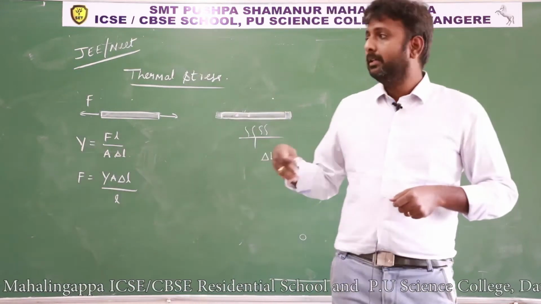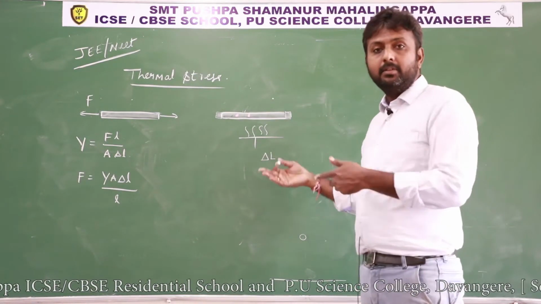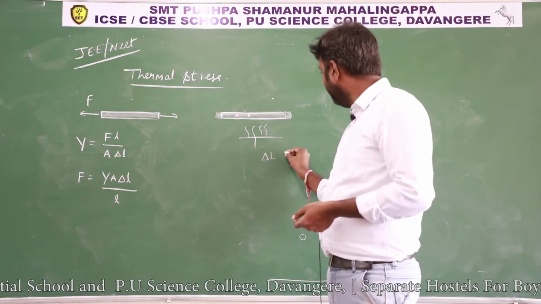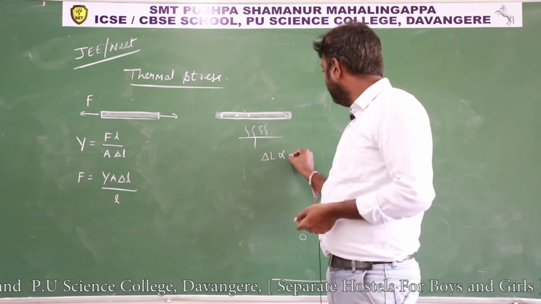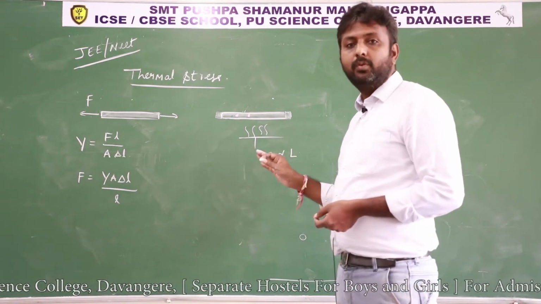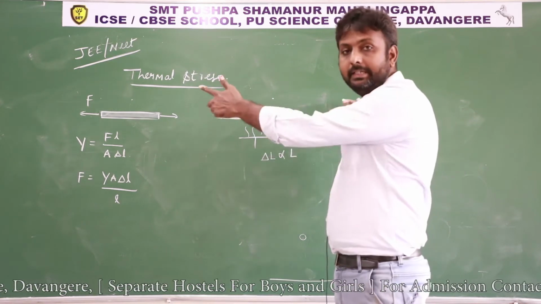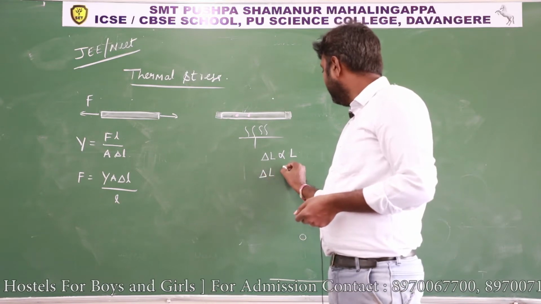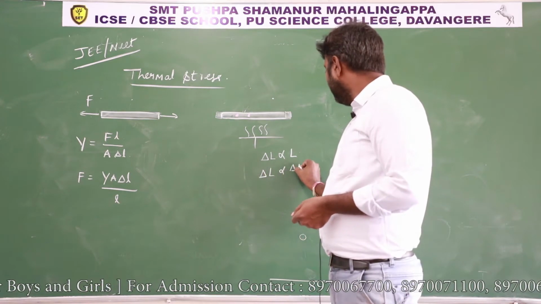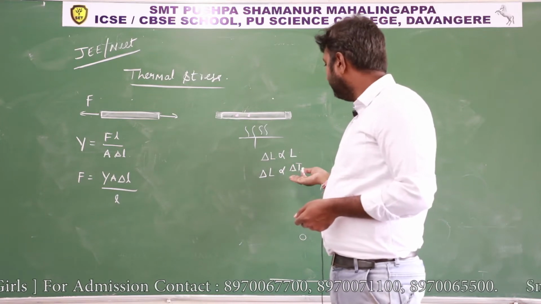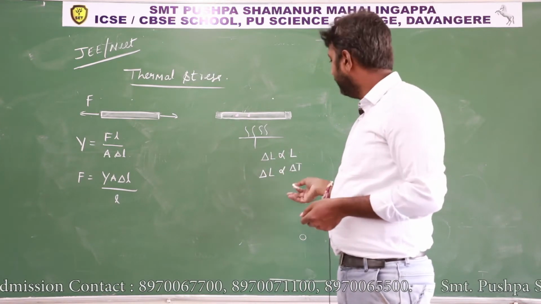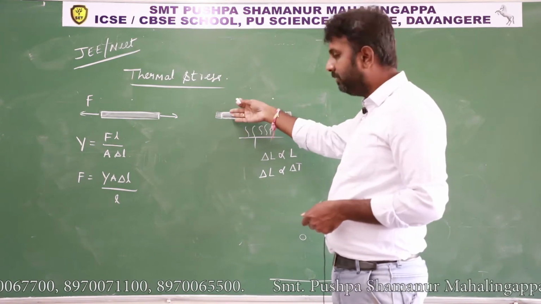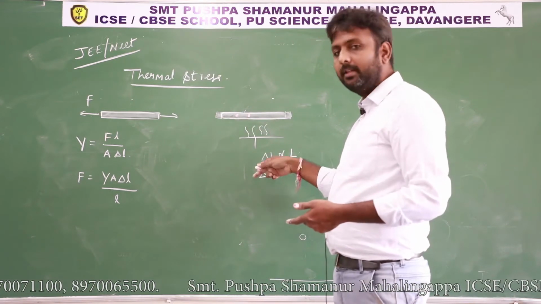Then by increasing the temperature also we can increase the length, and that change in length is directly proportional to its original length. If the original length is more, then the change in length will also be more, and the change in length is directly proportional to the change in temperature. On these factors the change in length depends. Obviously if the temperature change is more, the change in length is also more.